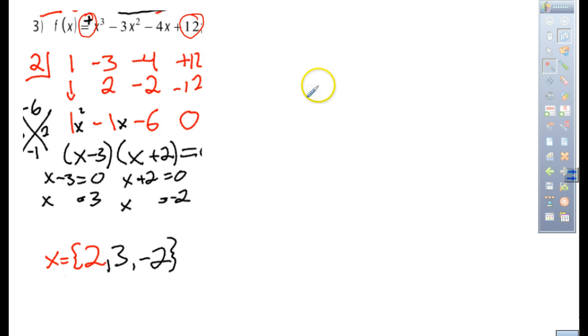And somebody figured out that if I took all the factors of this last number, so like 1, 2, all the factors of 12, 3, 4, and what's another one? 6, and all the factors of the first coefficient, in this case it's just 1, right?